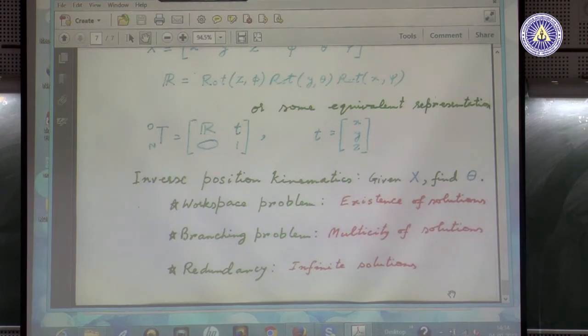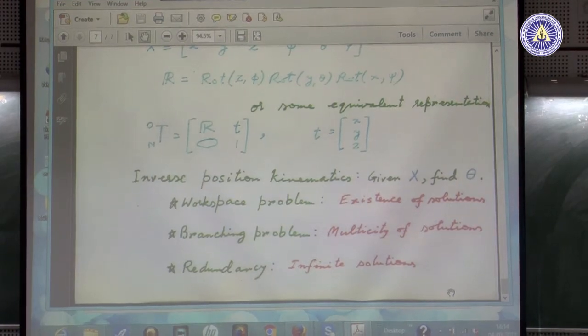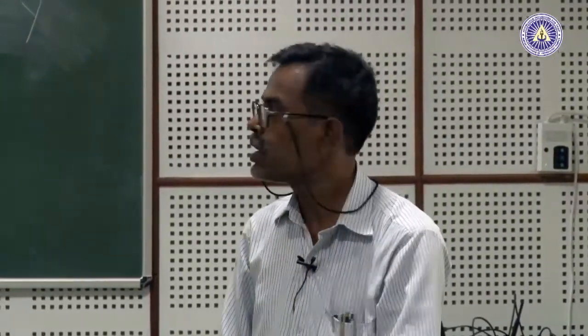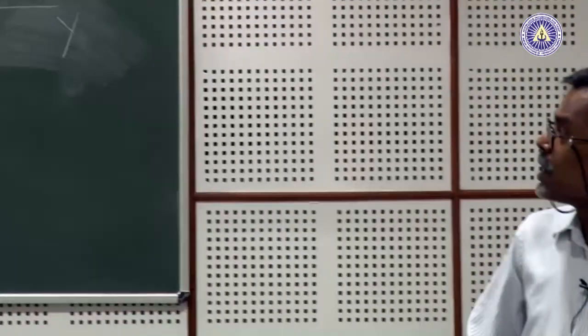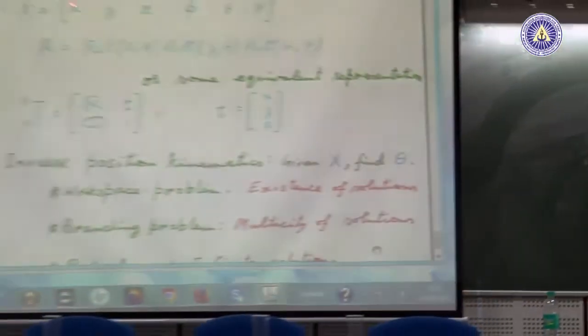So, to manipulate rigid body motion tasks in space, how many degrees of freedom do you need your manipulator to have in general? 6. 3 positions, 3 orientations, that is the dimension of this output vector.